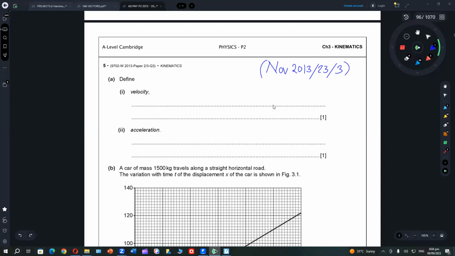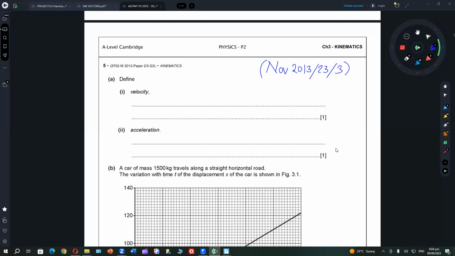This is November 2013, 23-3. I'm starting the question and define the term velocity.